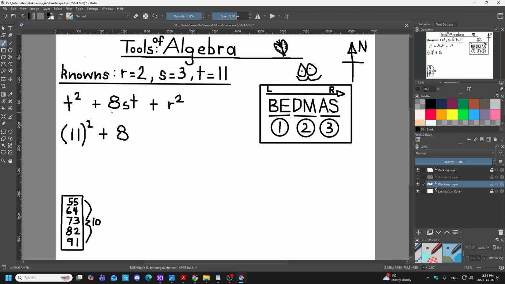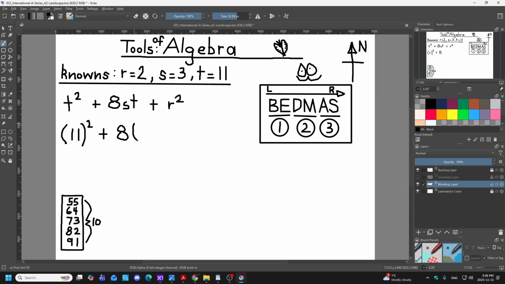And what we have here is 8 multiplied by t multiplied by s. One more time. I think my brain is reading faster than my mouth. Has to be. 8 multiplied by s multiplied by t.